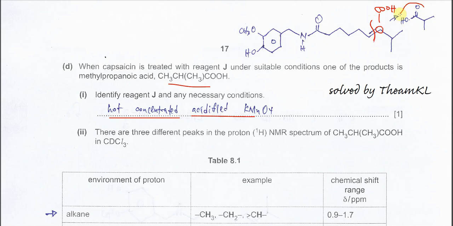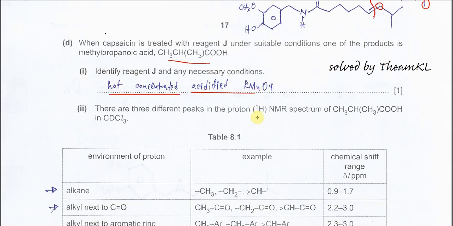Together with this alkyl group, it will form methylpropanoic acid. Again, this one is first carbon, second carbon, third carbon. So this is methylpropanoic acid. So for D part 1, of course, reagent J must be hot concentrated acidified KMnO4.